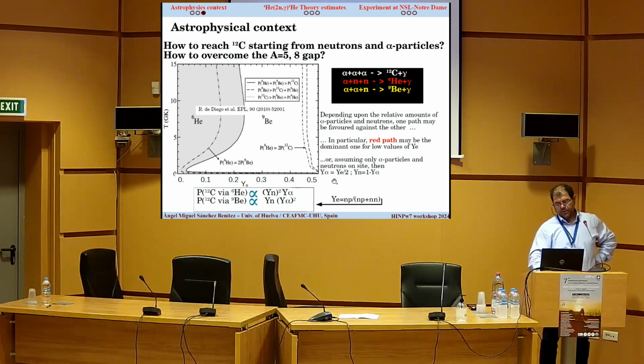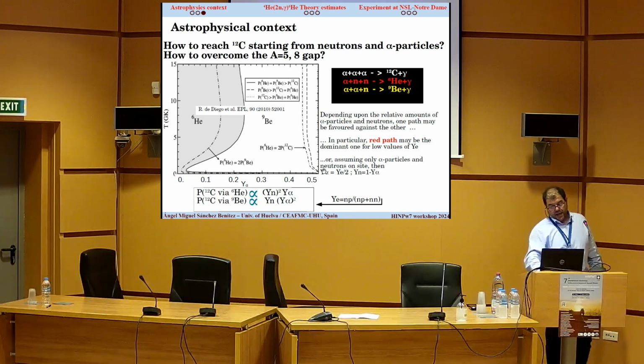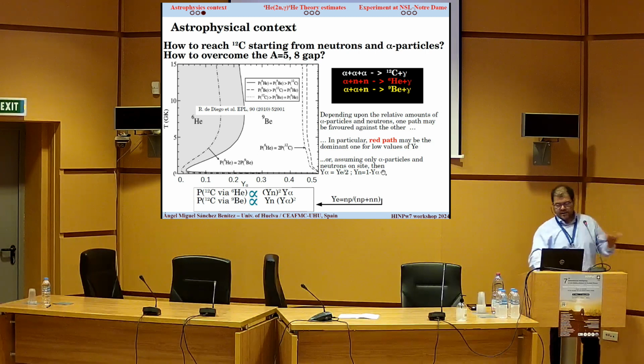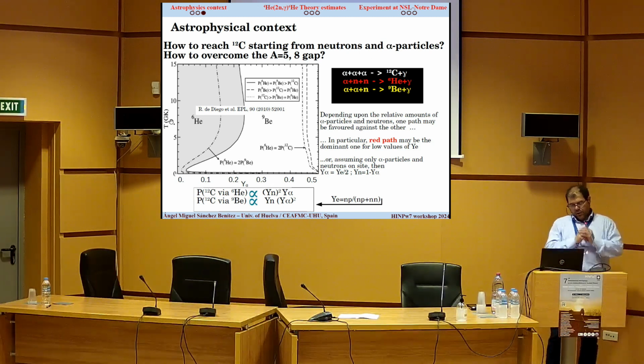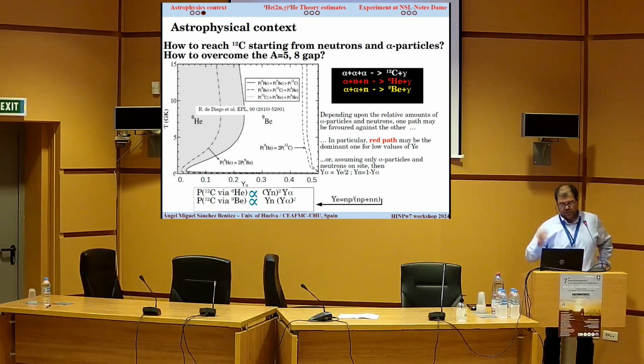If we think about alphas and neutrons, the alpha fraction is expressed in terms of the electron fraction, and the neutron fraction is expressed in terms of the electron fraction as well. And then we can expand the whole region of conditions, I mean, the electron fraction against the temperature. So we can study a wide range of conditions where neutron star mergers are produced.